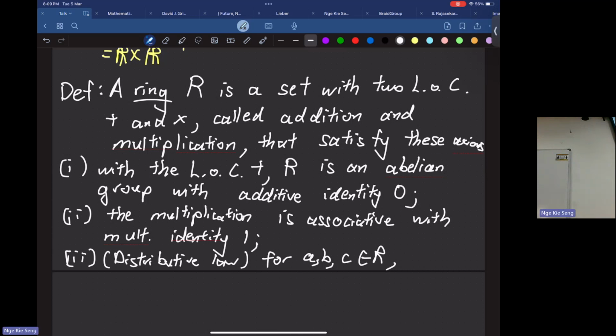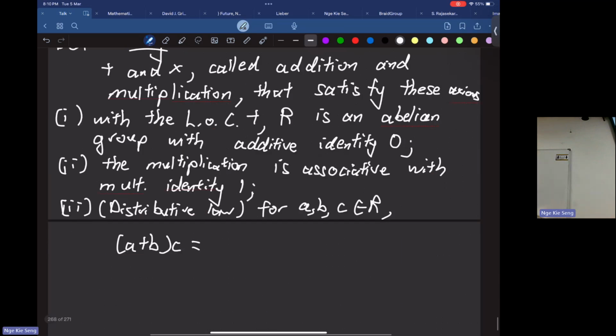You want to talk about how these two operations react with each other. So for example, what is (a + b) times c? a + b is another thing in my ring, and c is another thing in my ring, so I can multiply these two things together.